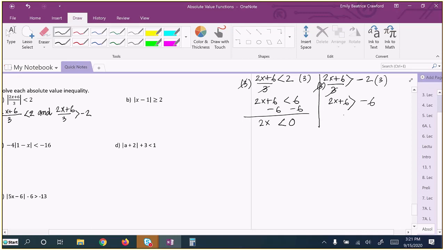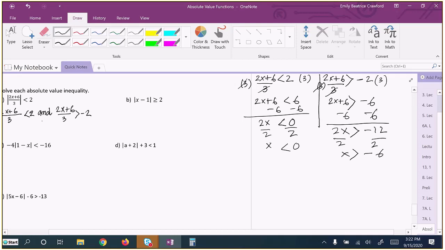So to get x by itself, I subtract 6 from both sides. So I get 2x is greater than negative 12. I divide both sides by 2. So I get x greater than negative 6. So the first one, I had 2x less than 0, so I can divide both sides by 2, and I will get x is less than 0.